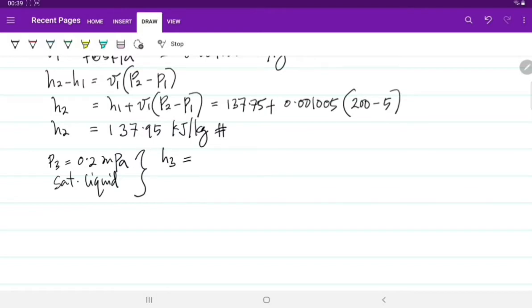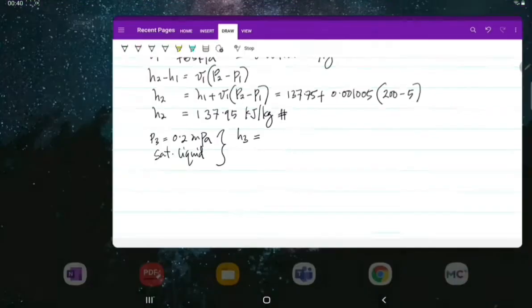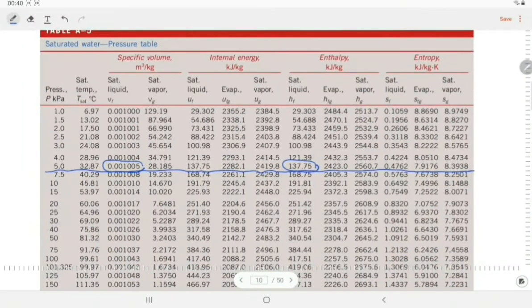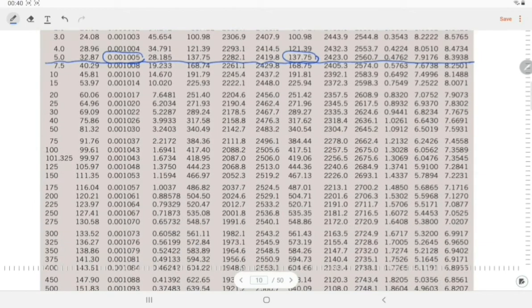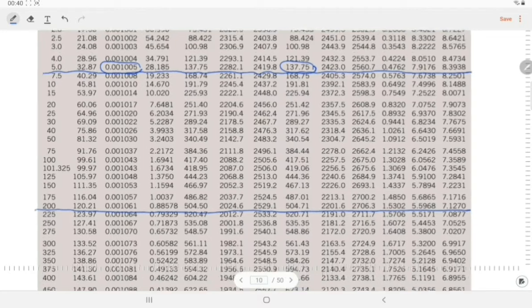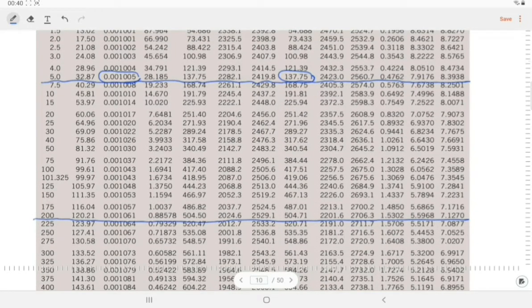From these two pieces of information we can find H3. At 0.2 megapascal saturated liquid, 0.2 megapascal is around 200 kilopascal. So these are our 200 kilopascal properties. We find enthalpy.